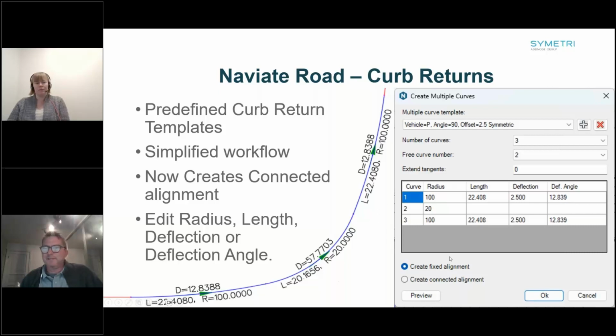Deflection is the distance. If we would draw a straight line there and measure between those two, that's going to be the deflection. So you can modify these things to make them match your requests.